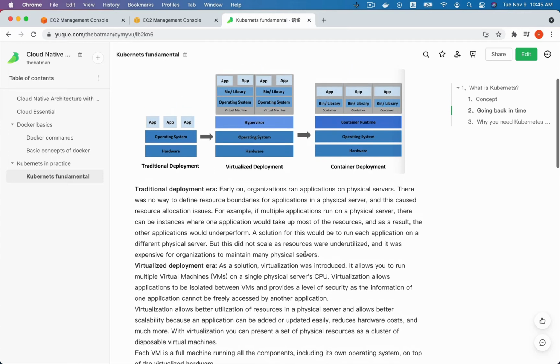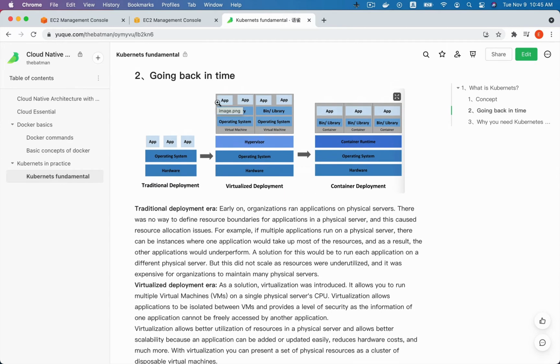Second, in the middle picture, this is a virtualized deployment. As a solution, virtualization was introduced. It allows you to run multiple virtual machines (VMs) on a single physical server's CPU, because the hypervisor divides the hardware into multiple CPUs and memories.